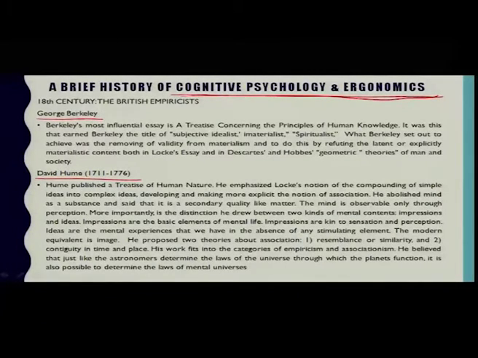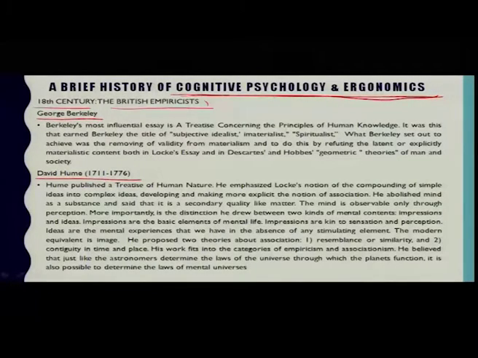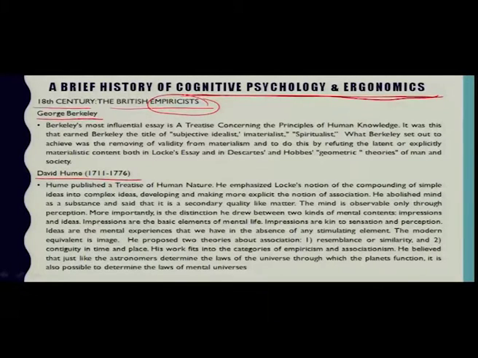In the 18th century, there were the British empiricists. An empiricist is a person who supports the theory that all kind of knowledge is based on experience, and that experience is derived from the senses. The human senses are vision, touch, hearing, smell and taste.